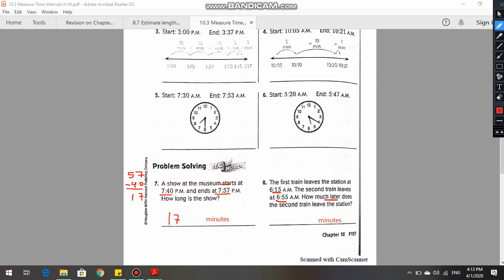So I'm gonna say 55 minus 15. 5 minus 5 equals 0 and 5 minus 1 equals 4. So 40 minutes. So the second train left the station 40 minutes after the first train.